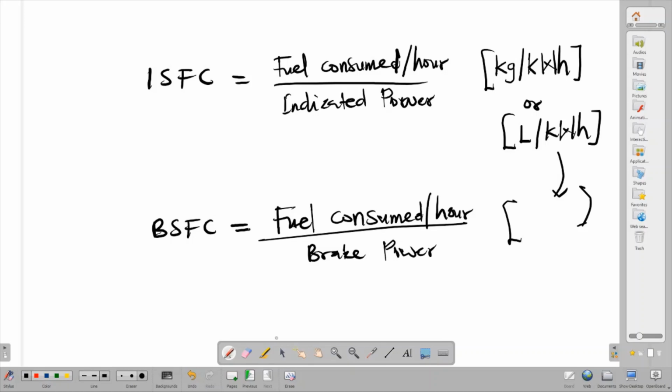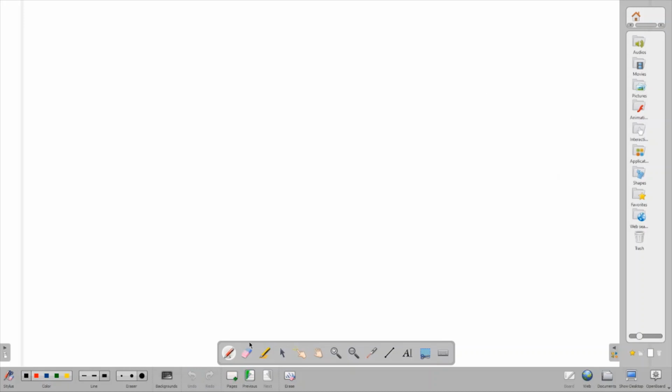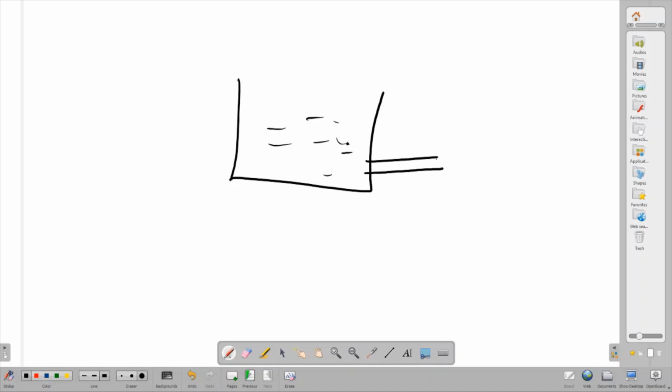Now, the question one may ask is, how do we measure these quantities? The fuel consumption can be measured on a test bench by allowing fuel to run through a special measuring device. Now, this can take the form of a fuel tank with fuel in it, and then they will use it to feed an engine.